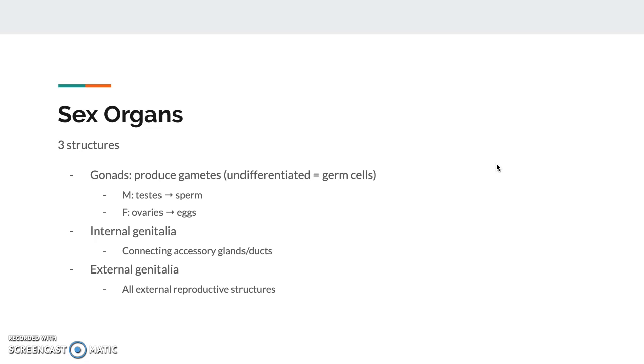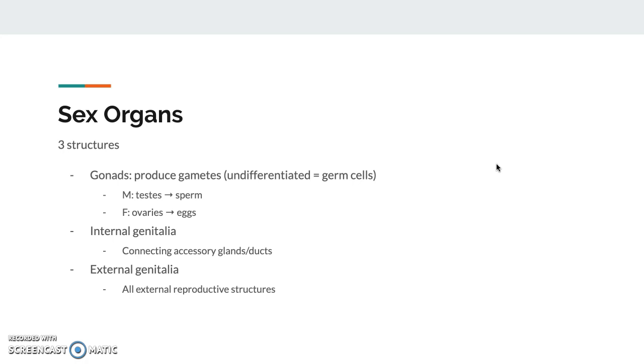Just in general terms, the three structures are gonads, which produce gametes, which are the sperm and eggs. Depending on if it develops into male or female, in males it's testes that produce sperm, and in females it's ovaries that produce eggs. And prior to differentiation, these cells are called germ cells.